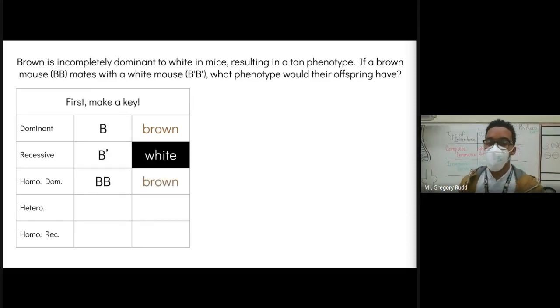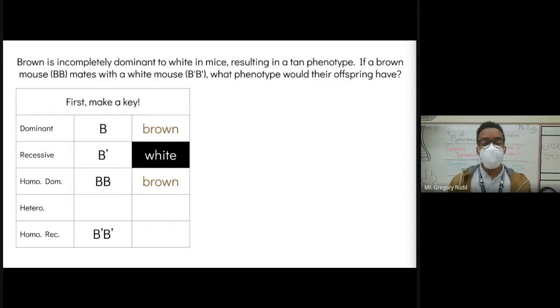Abina, what is the homozygous recessive trait? Say it one more time. Not the heterozygous. The homozygous recessive. This B prime. They're both B prime, B prime.